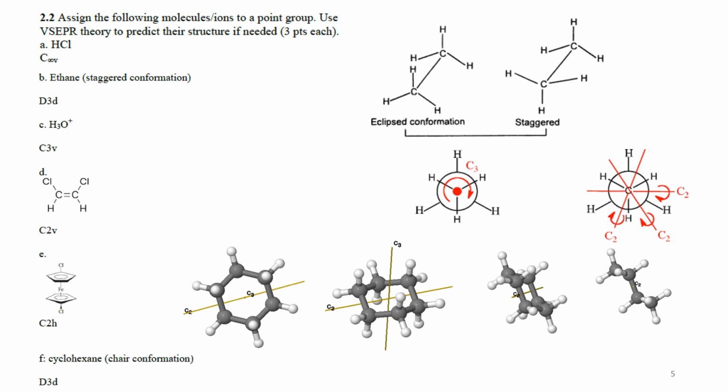On the bottom, it shows the end view, looking at the carbon atom in the direction of the carbon-carbon bond. In this view, you can see the C3 very easily. You can also see the C2s. Those C2s are perpendicular to the C3, and go through the center of the carbon-carbon bond. All right, so this would lead the assignment to D3D.